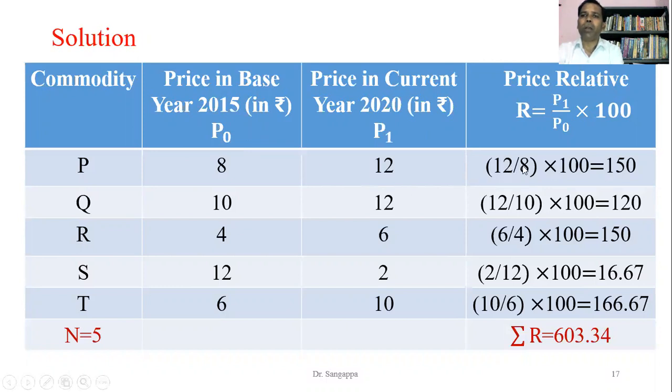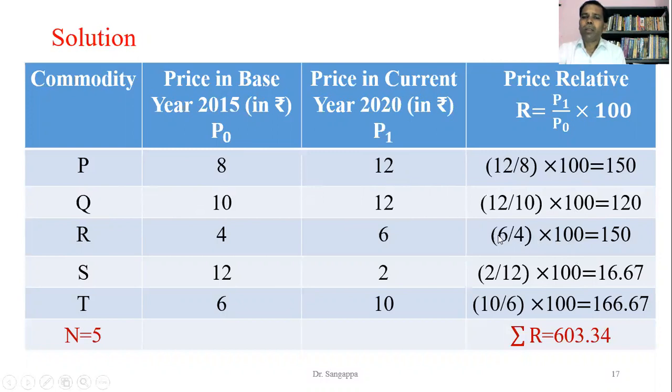So 12 divided by 8 equal to 1.5, multiplied by 100 equals 150. For the Q commodity, the price in the base year is 10 and in the current year 12. So 12 divided by 10 equal to 1.2, into 100 equal to 120.